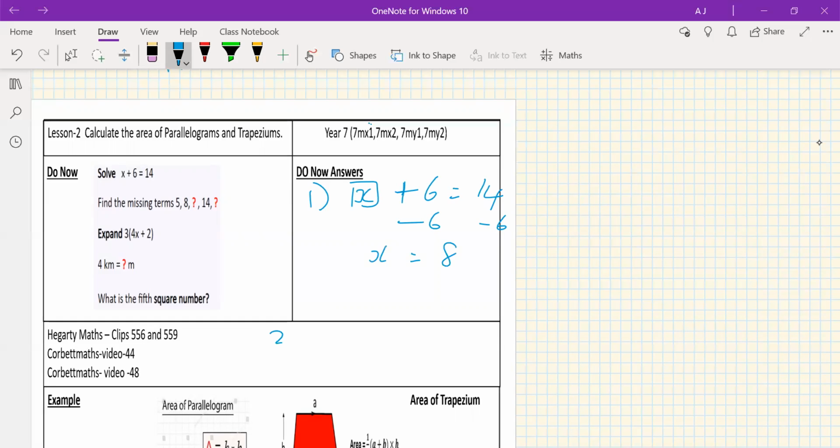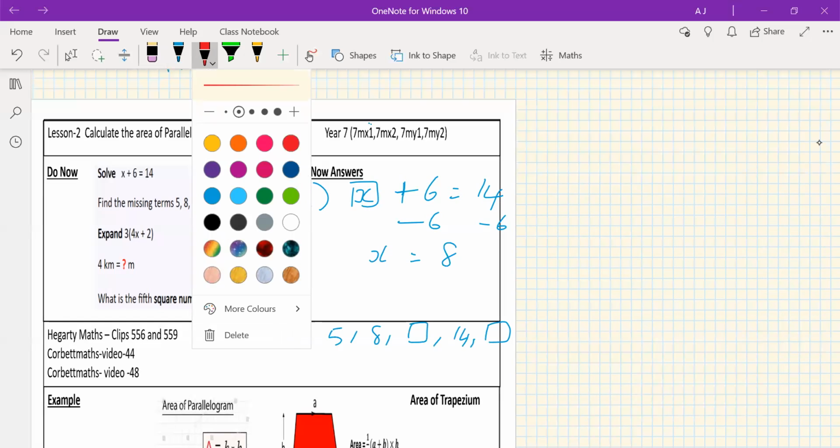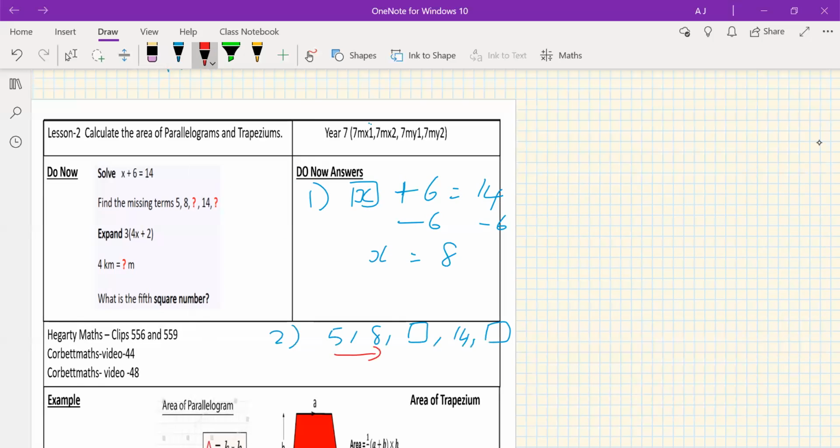Question number 2. Find the missing terms. The sequence is 5, 8, then we don't know, 14, and the last one we also don't know. If you look at the number sequence very carefully, each time it is adding 3, that is the rule.